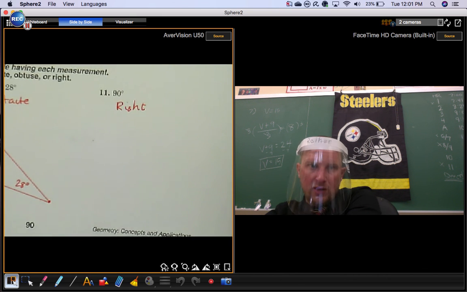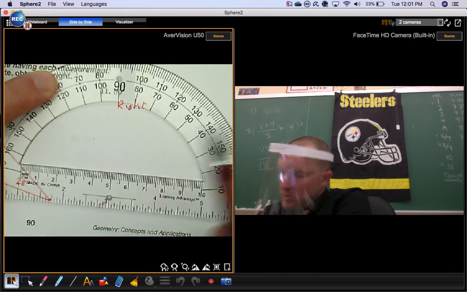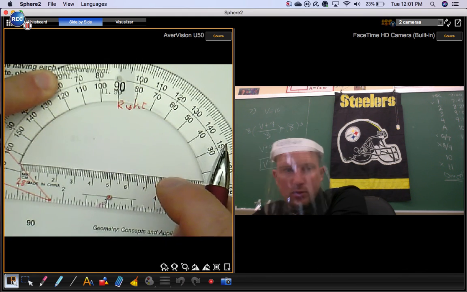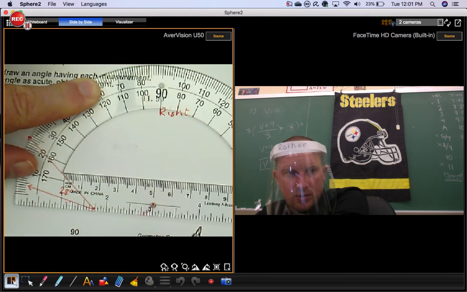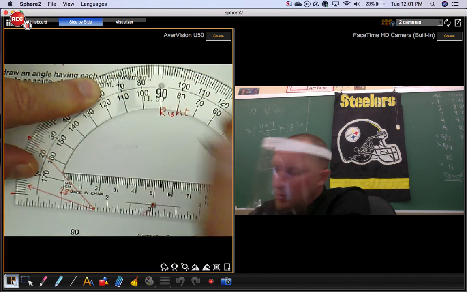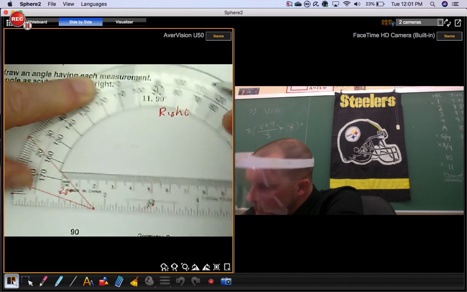Okay, last one, number 11, you want a right angle. So I'm just going to put my protractor down. I'm going to put a point right here. I'm going to put a point on this 0 because my other 0 is off the paper. And then I'm going to make a little mark here on the 90.